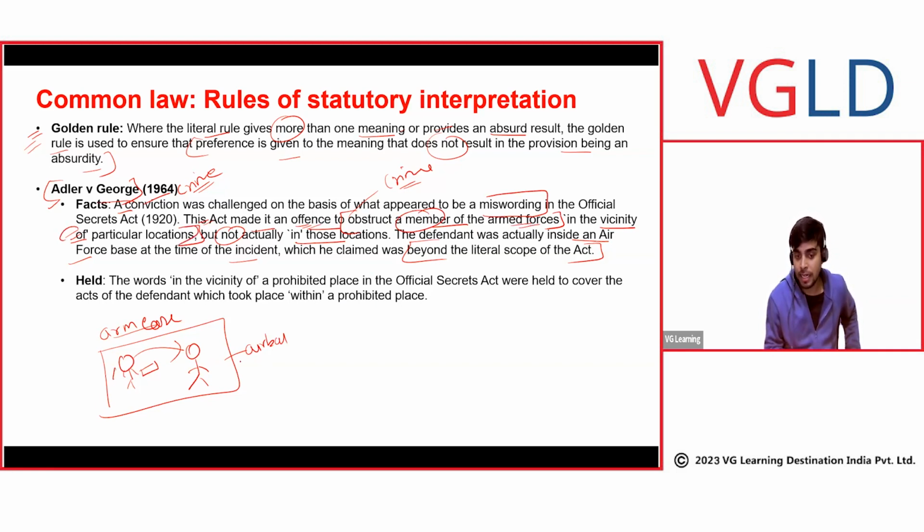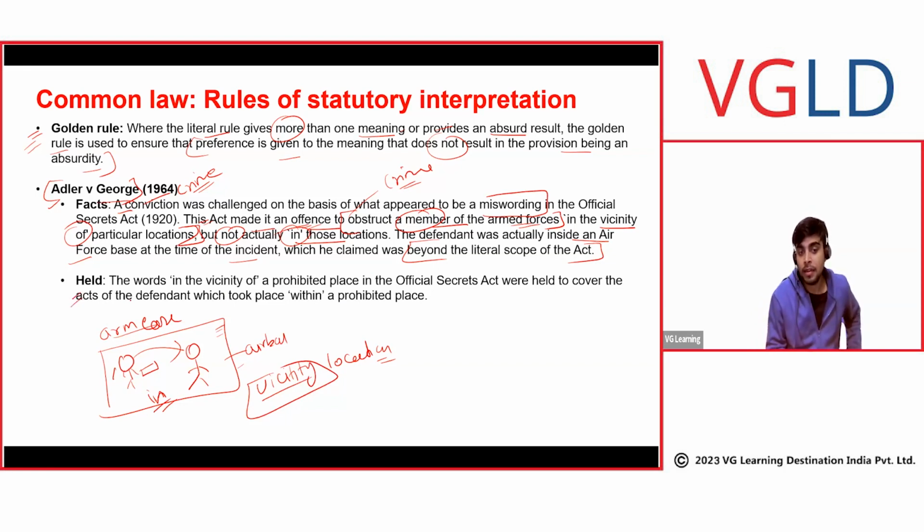But the person who has hit is claiming that they are right now in the airbase and not in the vicinity, not in a particular location. Basically, he's playing with the words "off" and "in". He has said that we are not off this vicinity, we are in this vicinity. This is how he's trying to play with the law's wording.